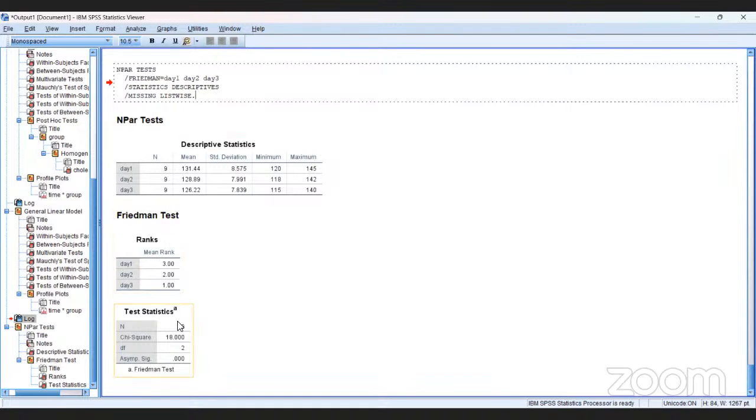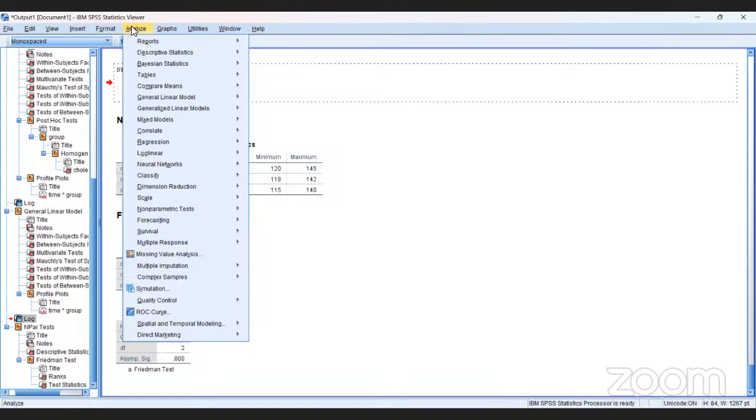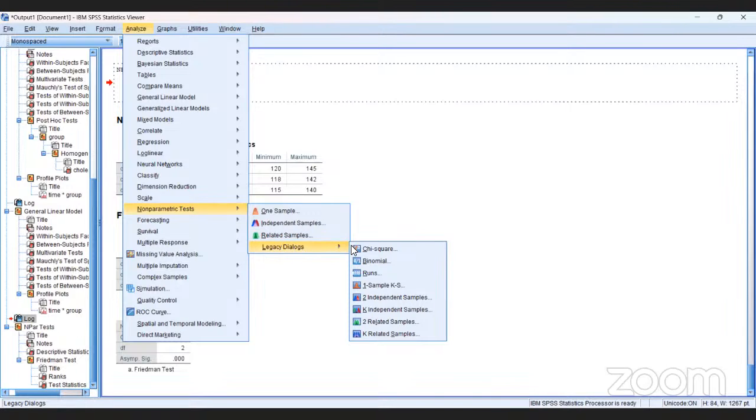Now, whenever you have noted the significant difference, then your function will be to do the non-parametric test, legacy dialog, then 2 related samples. If it is not significant, then this is not required. But if it is significant, then you have to click this one.